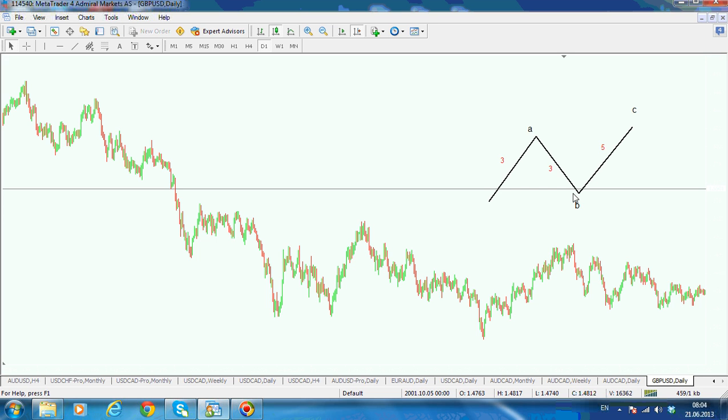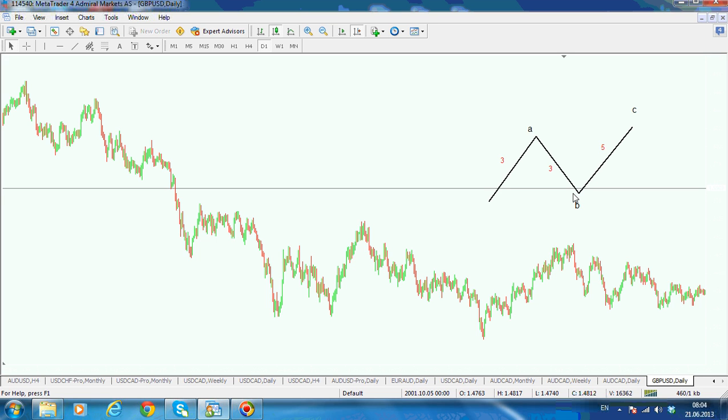Now, if you remember from the previous chapter, when I was analyzing the zigzag patterns, the key in zigzag patterns stood with the B wave. Now it's exactly the same in a flat. The key in a flat stays with the B wave, or more specifically the retracement level for the B wave.